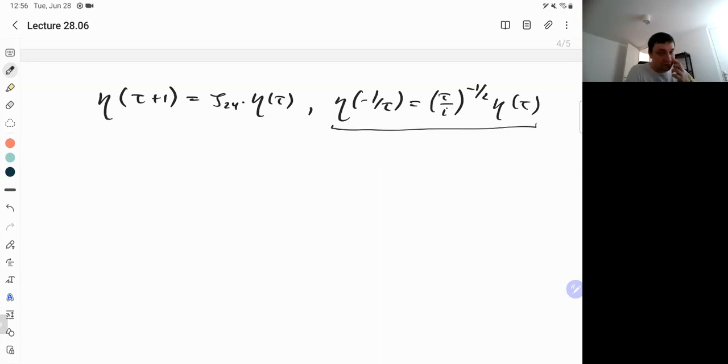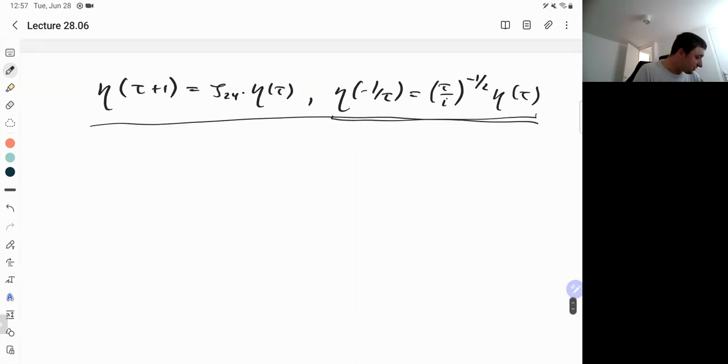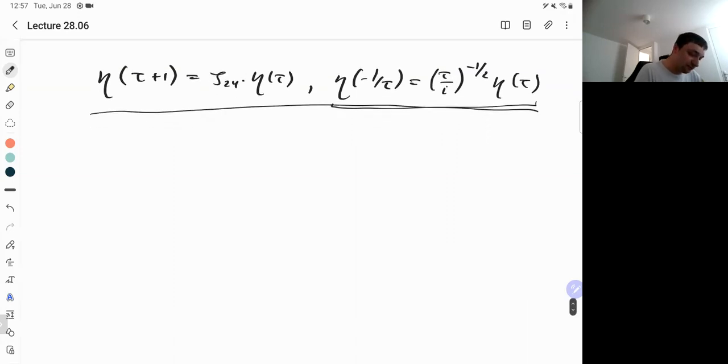If you think about the definition, it looks similar to what we had before: it would be c tau plus d, except it has an i in it and a non-integral power. Again, I don't want to go too much into detail regarding eta.